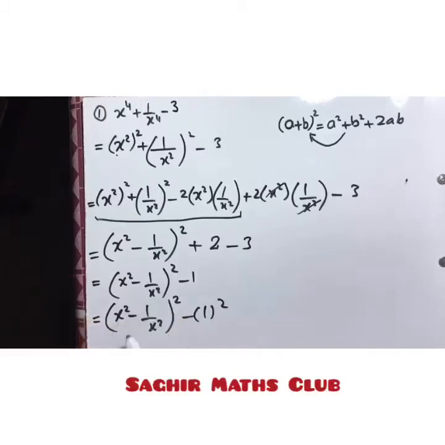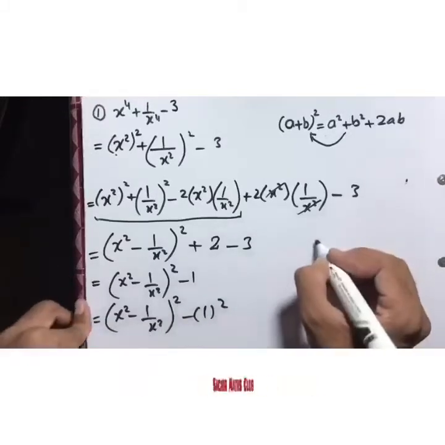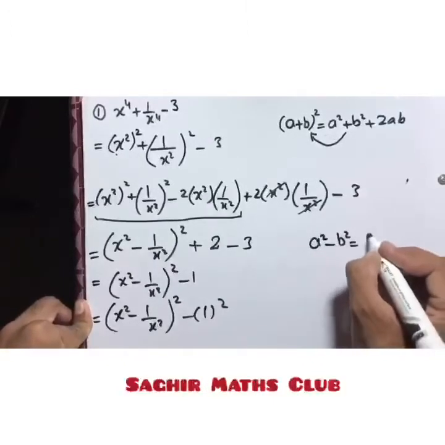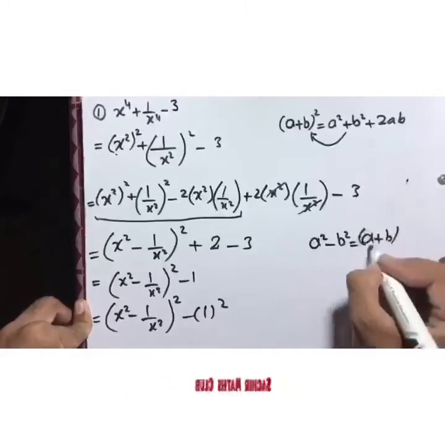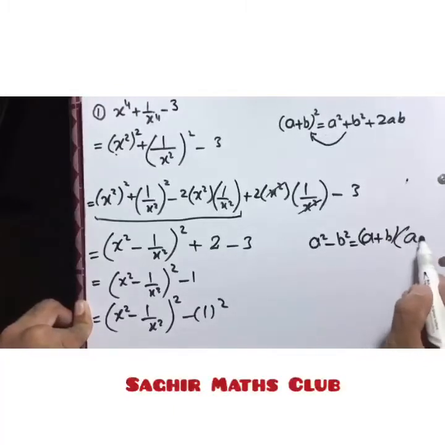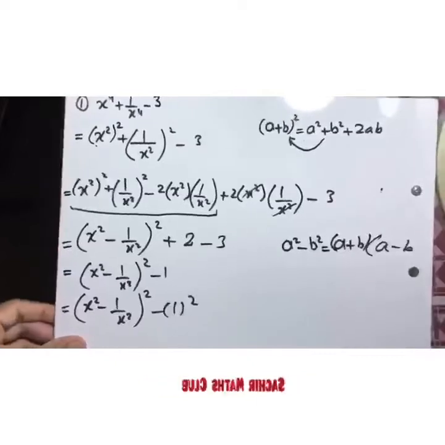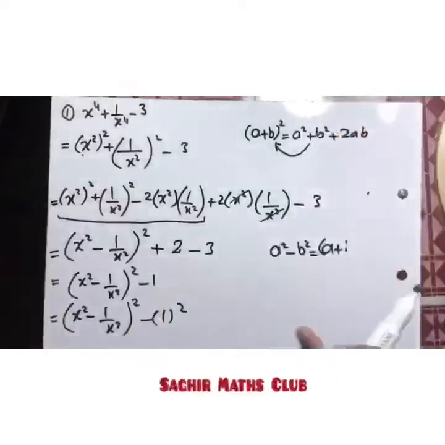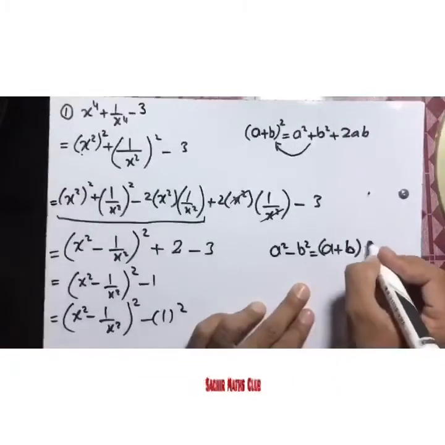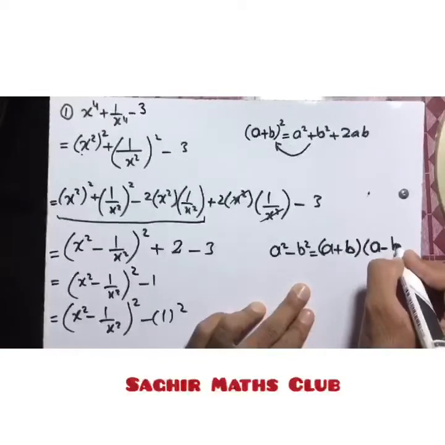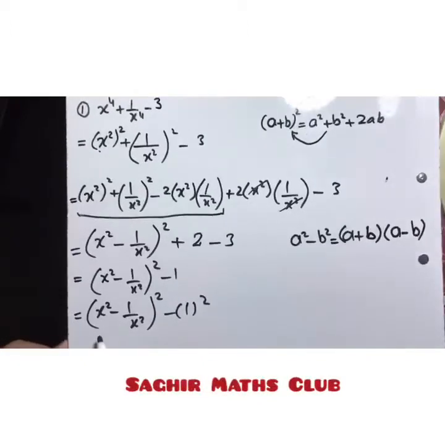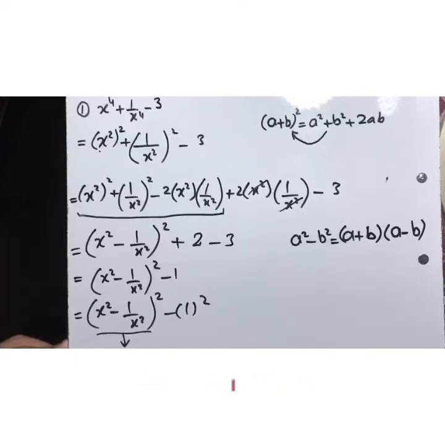Now this is becoming the formula of a square minus b square, that is equal to (a plus b) into (a minus b). Here a is x square minus 1 over x square, this behaves like a, and b is 1.